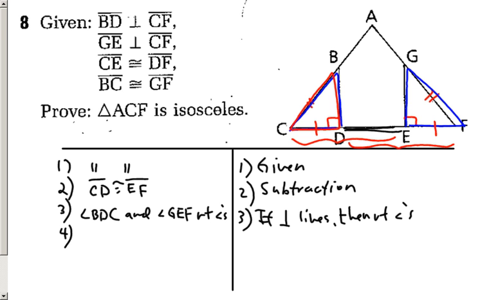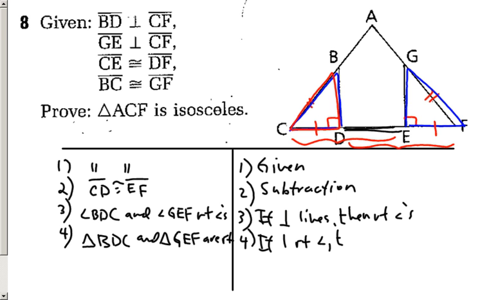And then I can take step 4 to say that triangle BDC and triangle GEF are right, because if a triangle has one right angle, then right triangle. Okay, so use what you got: right triangle.